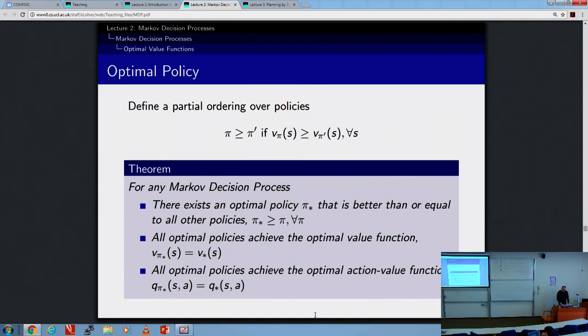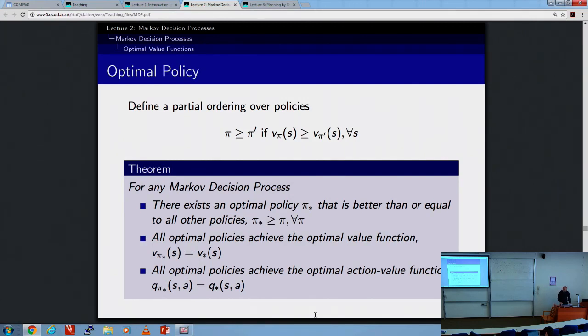Okay. So this is some mathematical detail: there is an optimal policy, and there might be more than one optimal policy given an MDP, but all of the optimal policies give you the same values.